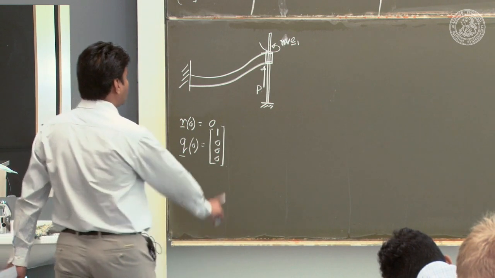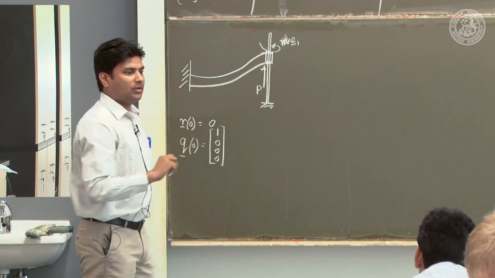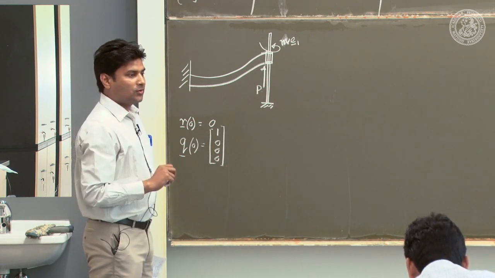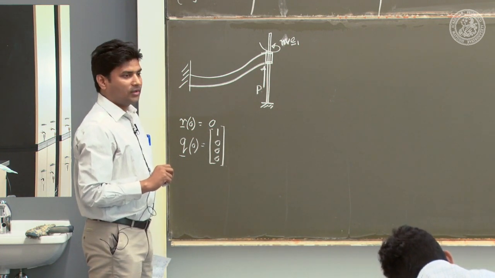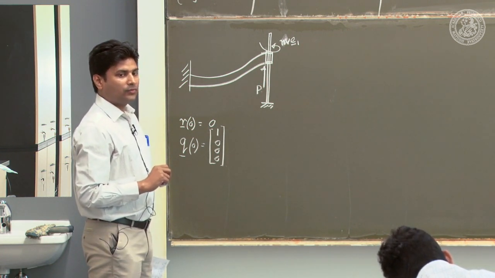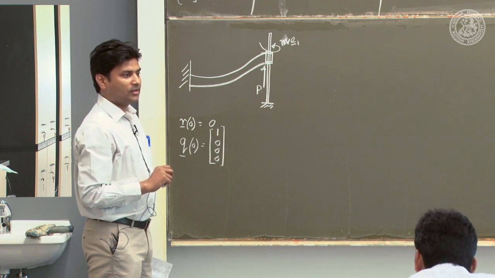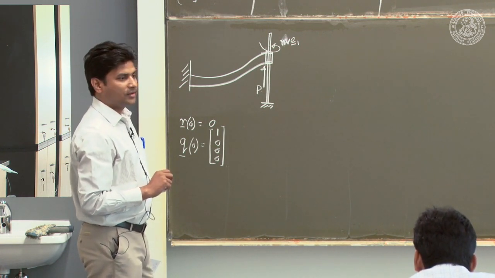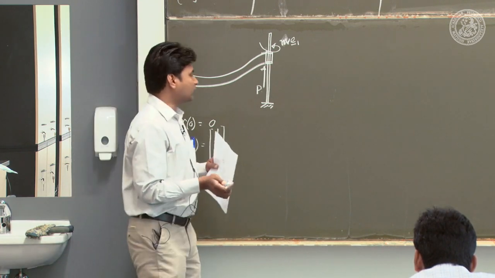See, it's a frictionless collar and you are applying a load P here. So, what can you say about the contact force over there? Okay, let's forget about the contact force.